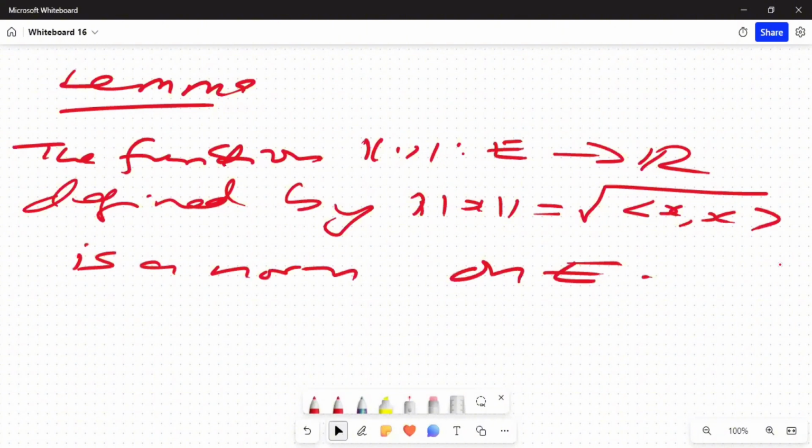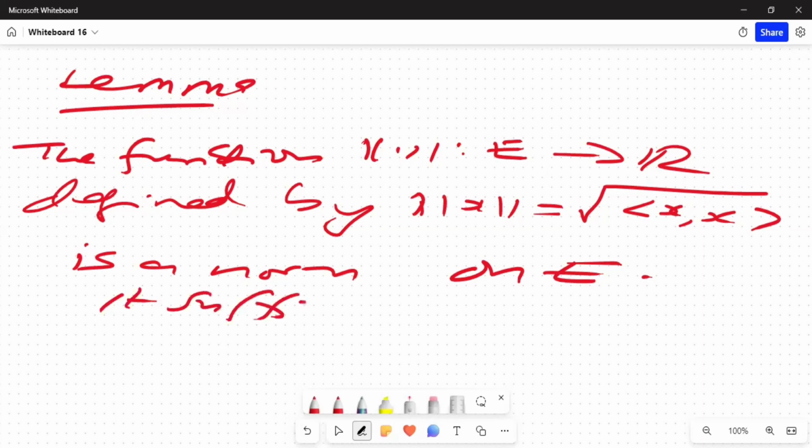Okay. Well, you can easily show this. If it's a norm, it must satisfy three axioms. Do you remember the axioms that it must satisfy?